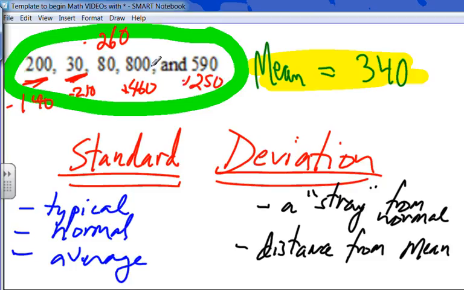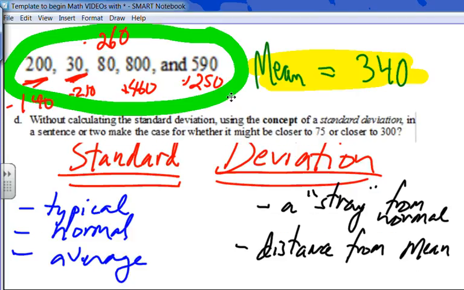So we can see all these deviations, they're all more than 100. In fact, they're quite a bit more than 100. So as we revisit the question at hand, the typical deviation away from 340 is clearly not 75, but closer to 300.